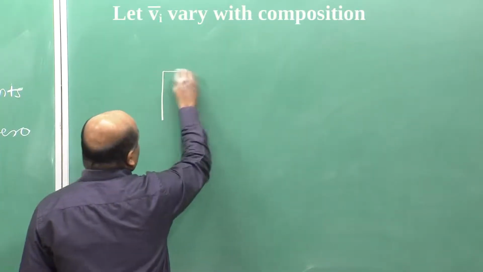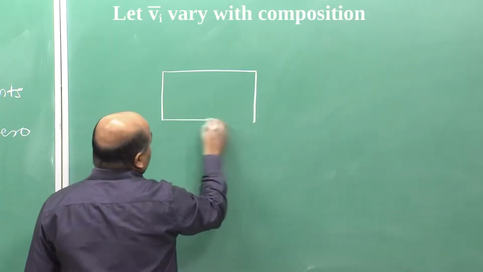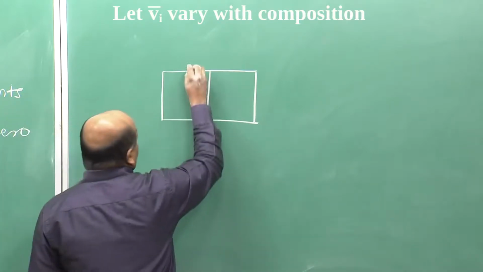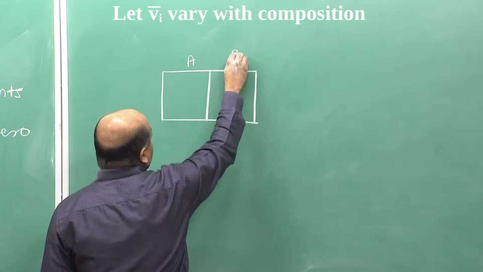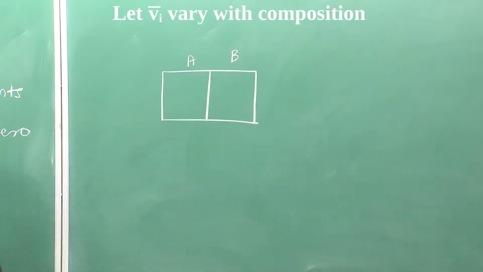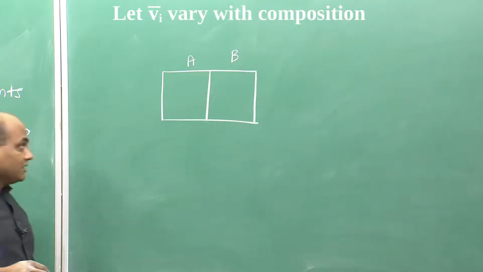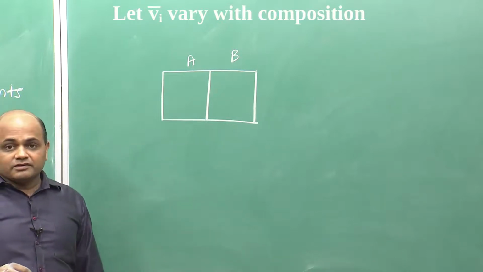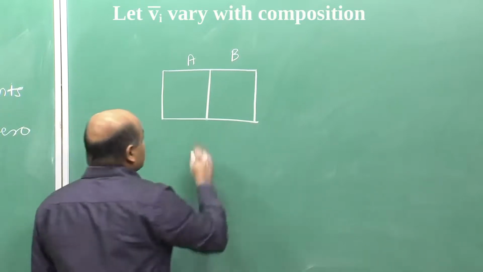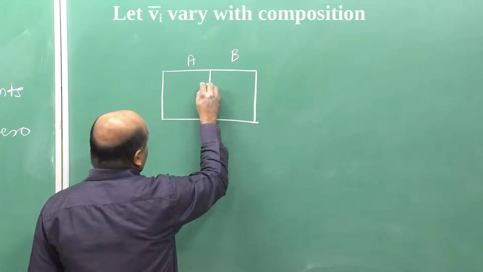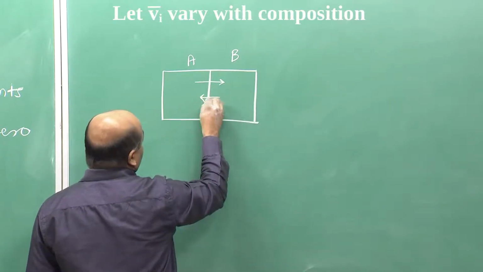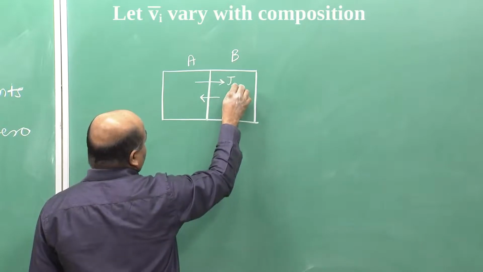Suppose partial molar volume varies with composition. We consider the diffusion between two elements, let us say A and B. Let us say they are completely miscible into each other. So, what happens? Some A atoms move from left to right and some B atoms move from right to left.